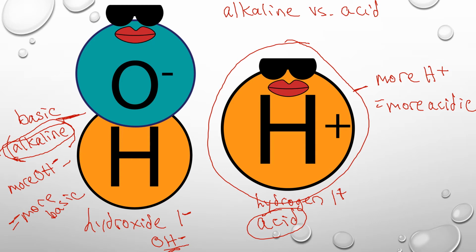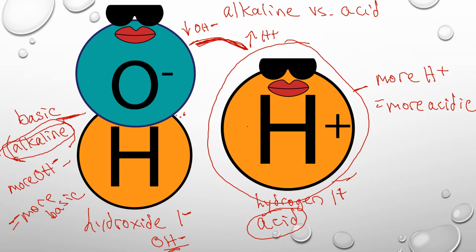Because hydroxide and hydrogen ions are always opposing each other, their amounts. So if there's a lot of hydrogen ions, there's not going to be a lot of hydroxide ions, and vice versa. So they're just kind of polar opposites of each other. So if there's a lot of hydrogens, there's not going to be a lot of hydroxides. Or if there's a lot of hydroxides, there's not going to be a lot of hydrogens.